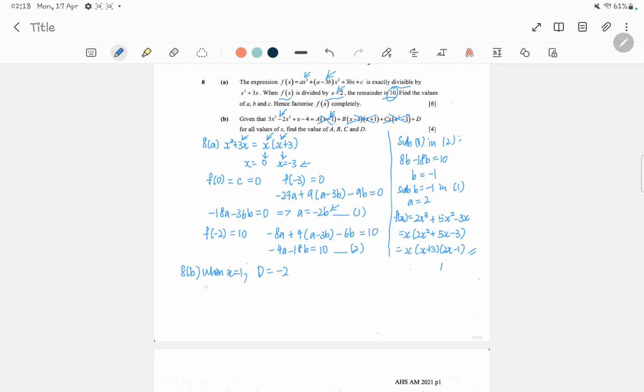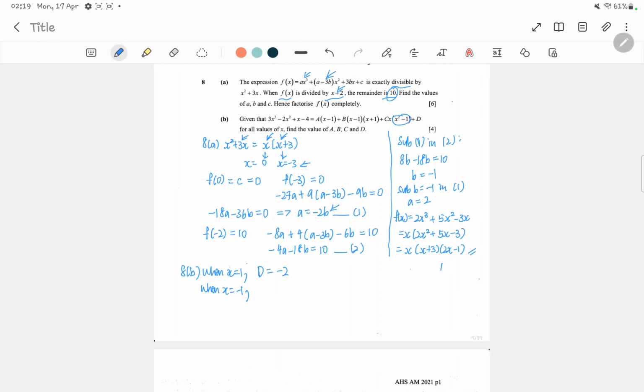Okay, so next, let's substitute x equals minus 1, which means that this is gone. Just in case some students don't understand: if you substitute minus 1 into x squared, it will be minus 1 whole thing squared, which is 1, and 1 minus 1 is 0.